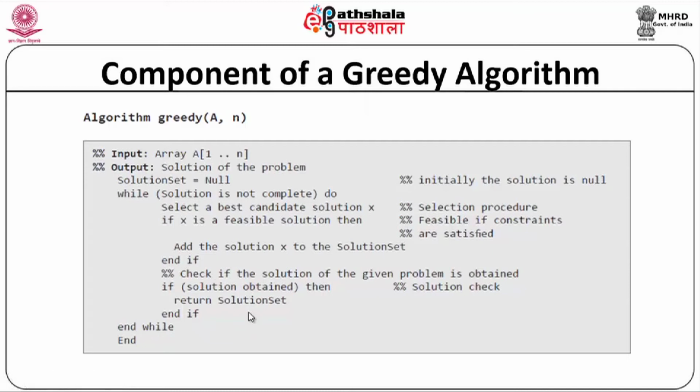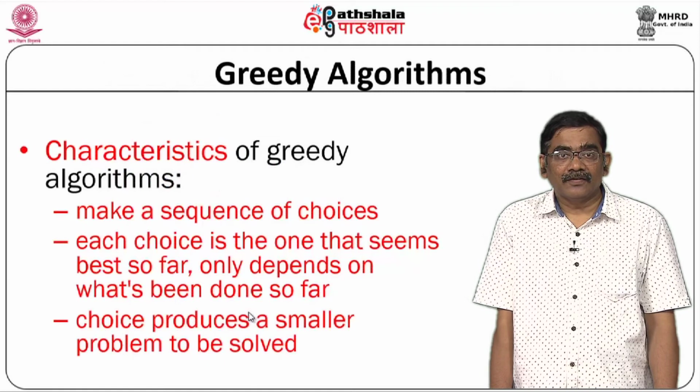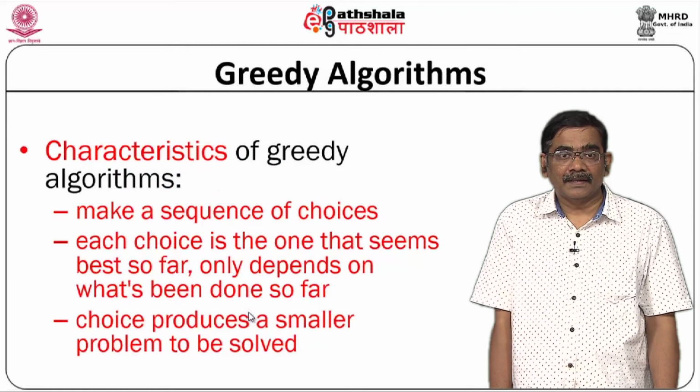So, you have a selection procedure for selecting the candidate solutions, then a feasibility check to check whether the selected solution is feasible or not, and finally, the solution check. Solution check checks whether the solution has been obtained or not. So, you can see the characteristic of this particular algorithm.